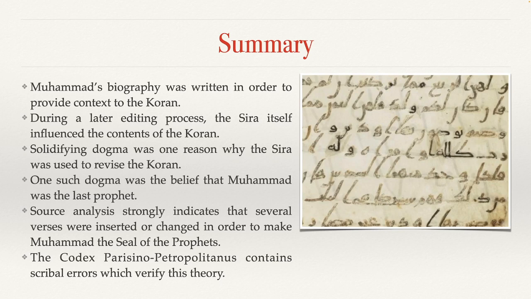Solidifying dogma was one reason why the Sirah was used to revise the Quran. One such dogma was the belief that Muhammad was the last prophet. Source analysis strongly indicates that several verses were inserted or changed in order to make Muhammad the seal of the prophets. Scribal errors inside the Codex Parisino Petropolitanus verify this theory.